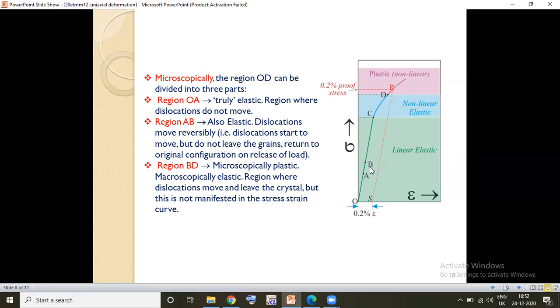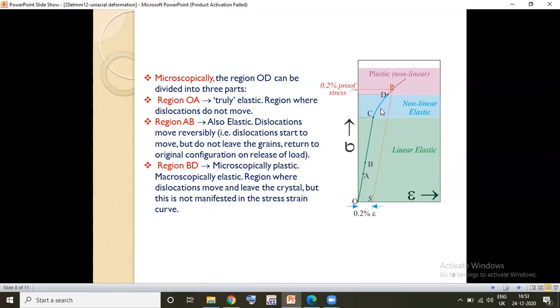So on reversal of the load, they return to the original configuration. Beyond this point, it is no longer microscopically elastic. It is converted into the plastic region where the dislocations are moving out of the grains.